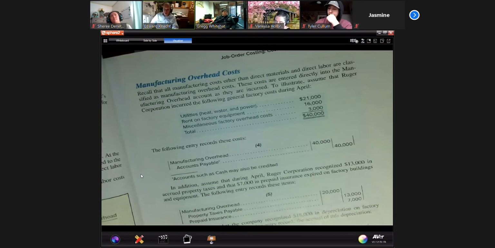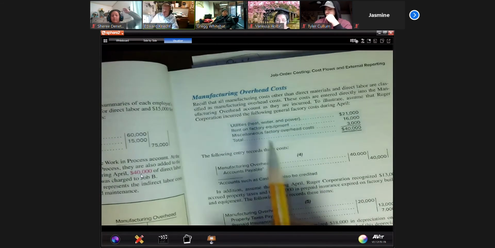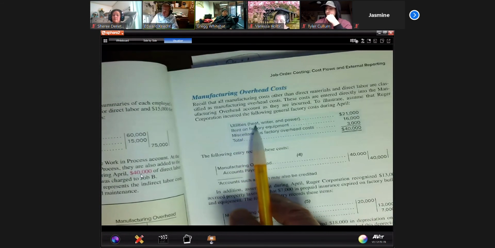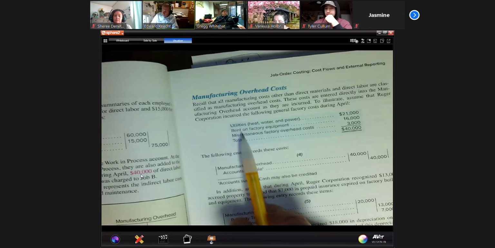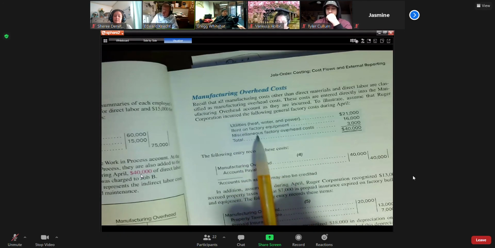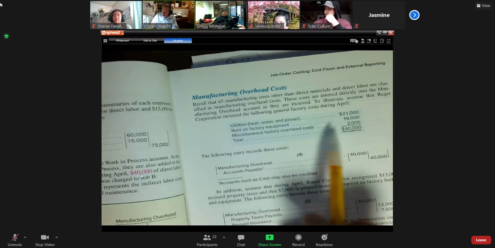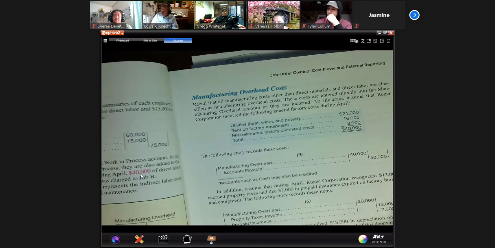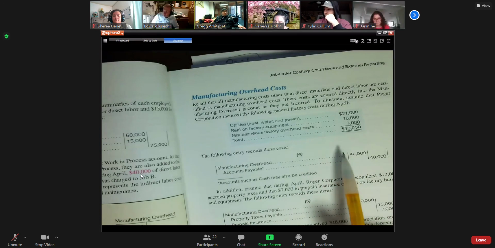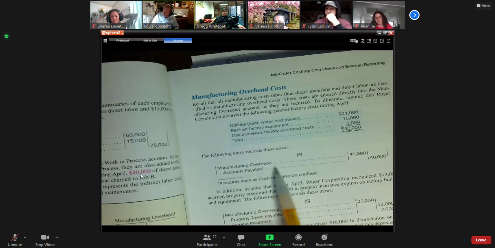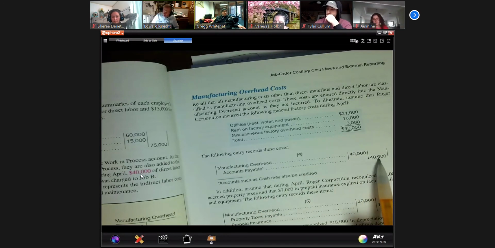So here are some manufacturing overhead costs: utilities to heat, water and power the factory building, the rental on the factory equipment, miscellaneous factory overhead costs. So there's 40,000. So they debited manufacturing overhead. Remember I said you debit manufacturing overhead for actual manufacturing costs. They didn't pay for these, so they owe their suppliers.